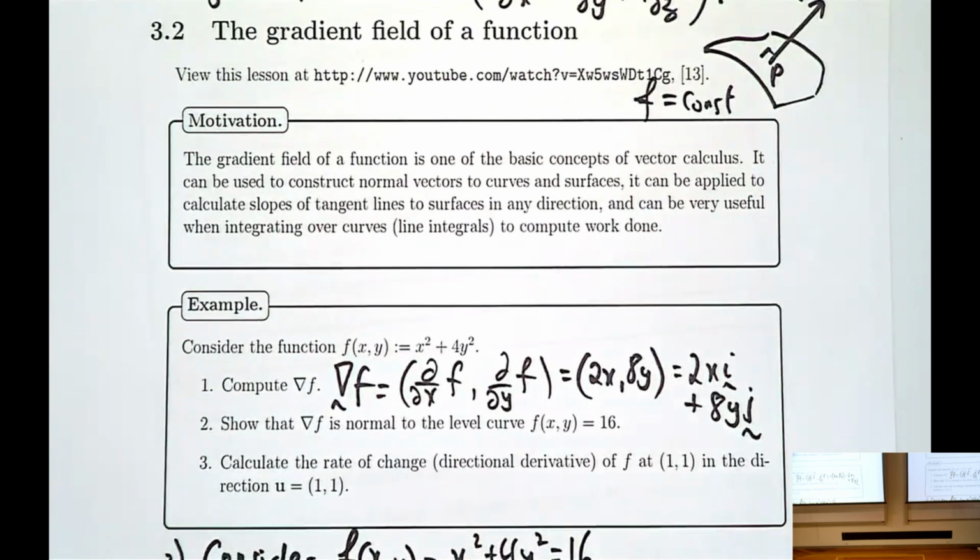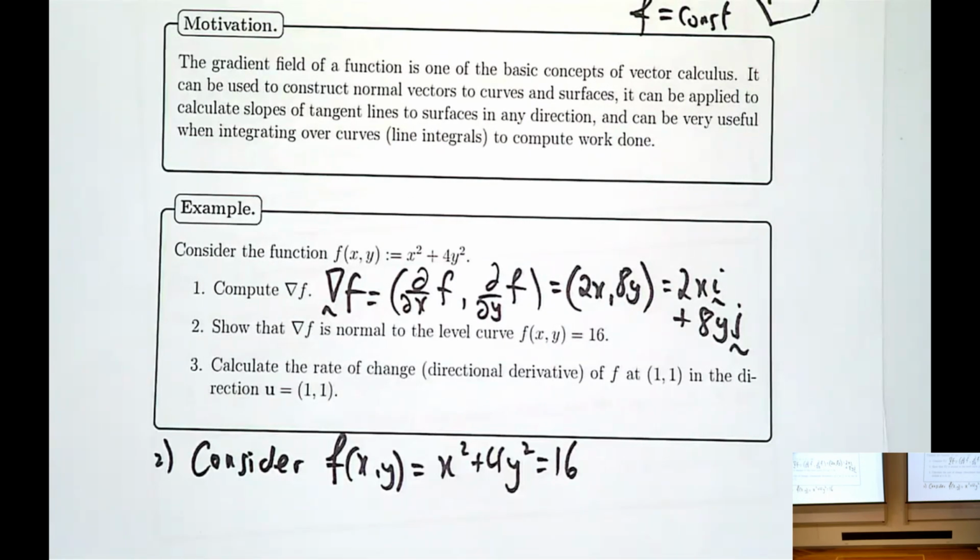What is this curve going to be in the xy plane? Who can tell me what kind of curve it is? We just looked at one. It's an ellipse, you're absolutely right.